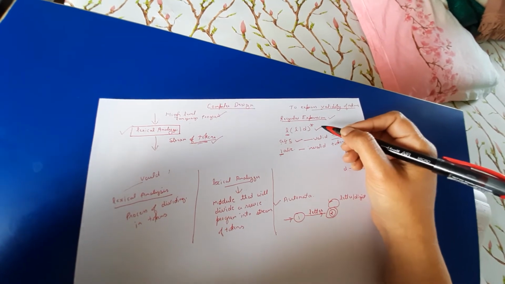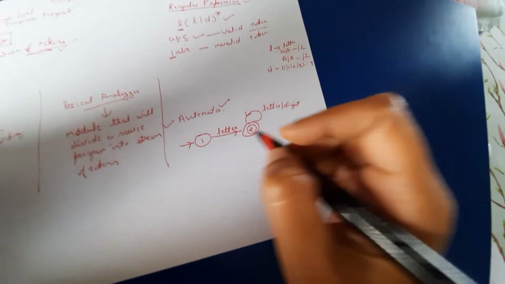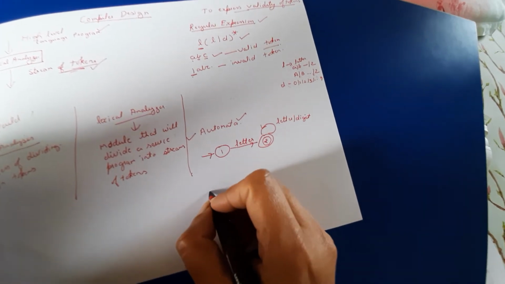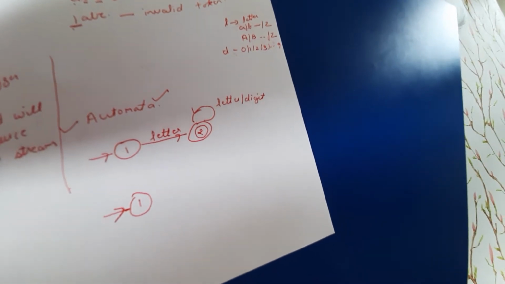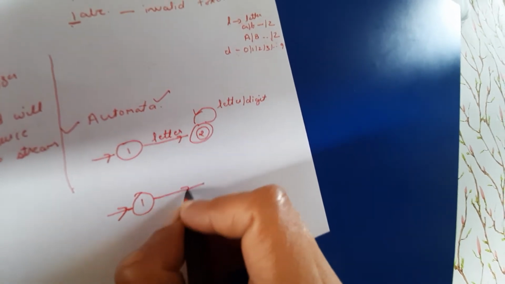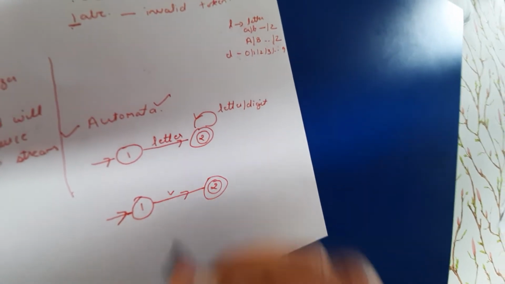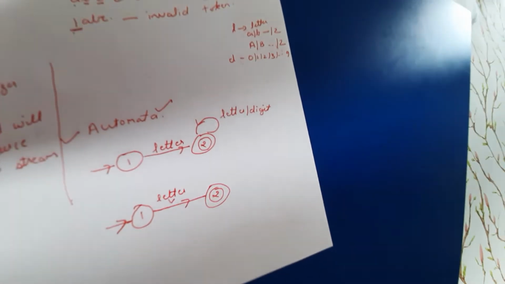There is another tool, automata, that can be used to check the tokens. It is in the form of states. The initial state is depicted by this arrow; the state having this arrowhead is taken as the initial state, and the transition from one state to another uses an arrow, triggered by some input.